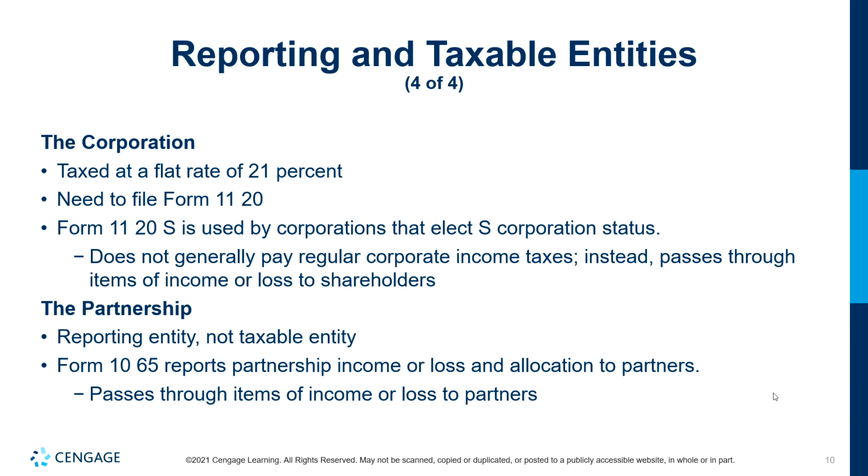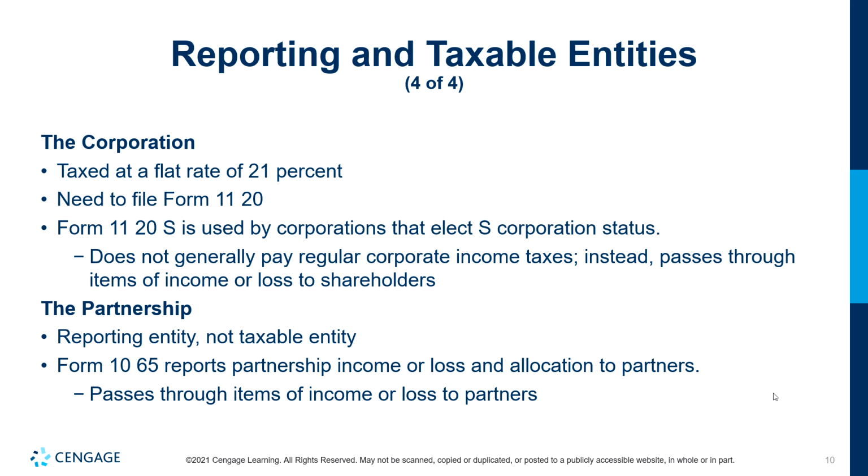So we gotta make sure we put the right form, because again, 1120S does not generally pay regular corporate income tax, because most corporations will pay their own taxes. Instead, it's a pass-through entity that goes straight to the shareholders' personal tax returns, and basically gets taxed as passive income.